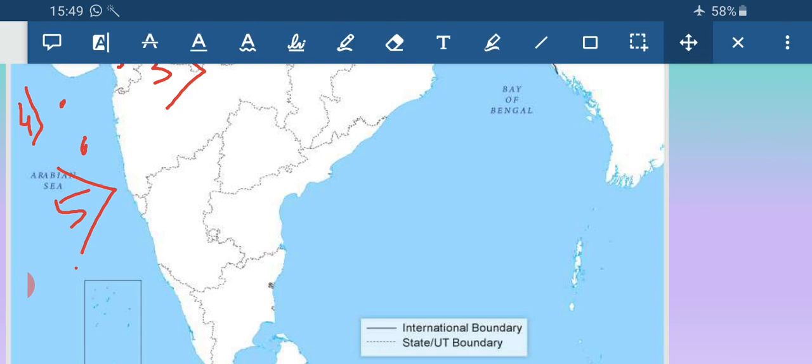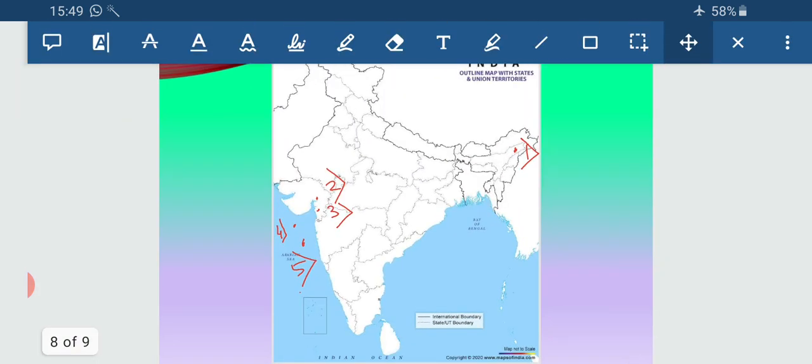So these are the 5 petroleum reserves. The oldest petroleum reserve of our country is there in the northeastern part in the state of Assam. Number 1, Digboy. Number 2 is there in Gujarat, that is Kalol. Number 3 is there in Gujarat, that is Ankaleshwar.